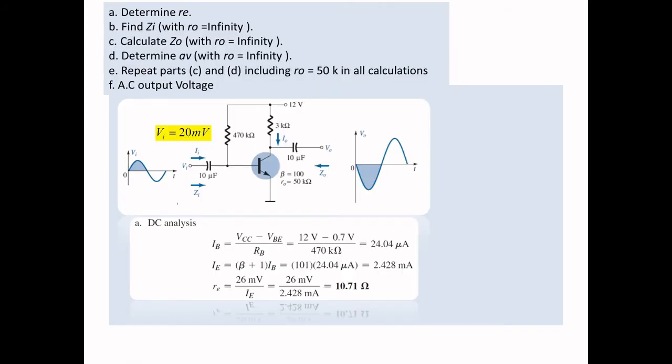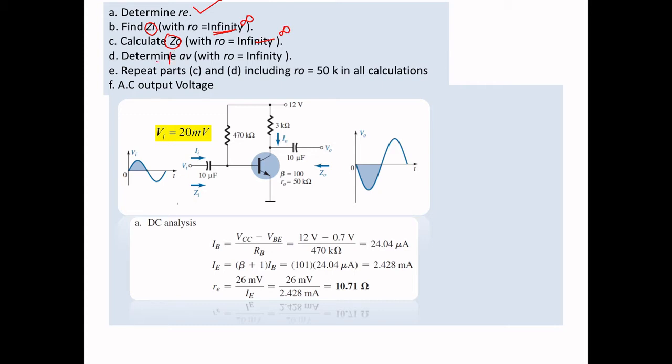For more understanding, let me explain one problem which is relevant to that fixed bias small signal analysis. In this problem, what they are actually asking is to find the emitter resistance small re, then Zi the input impedance, and Zo, which you can consider as infinity while calculating, and Av.